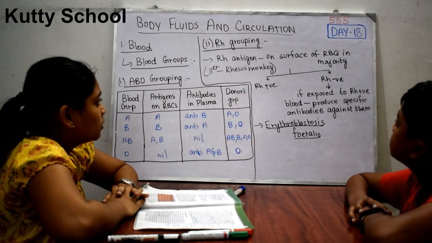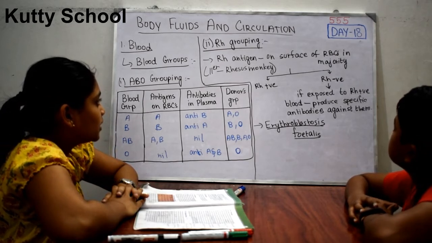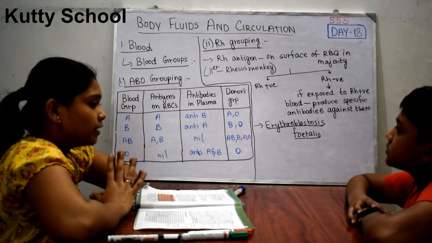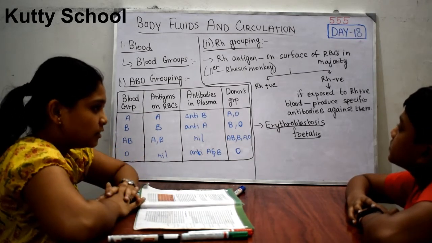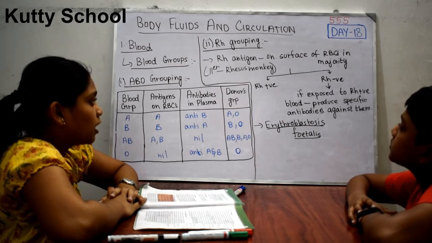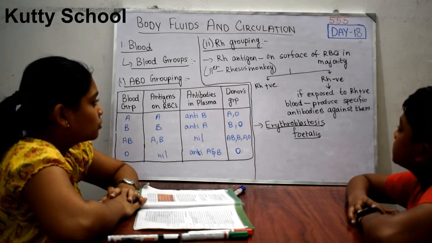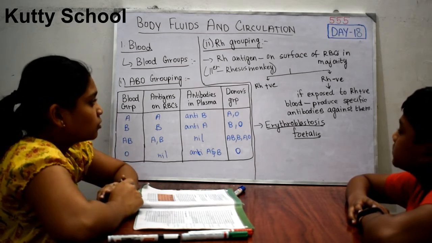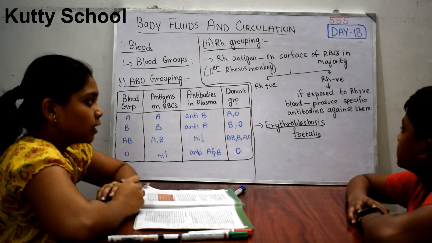This RH antigen is similar to the one that rhesus monkeys have. The antigen gives two kinds: RH positive and RH negative. Those who have the RH antigen are known as RH positive, and those who do not have it are known as RH negative.